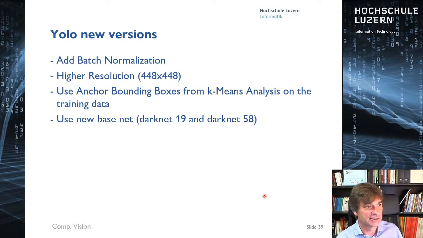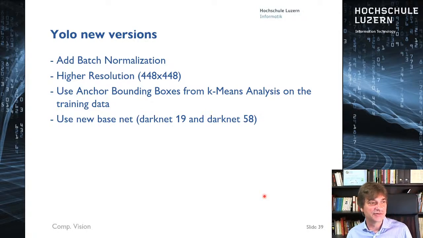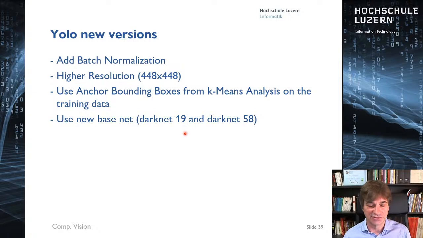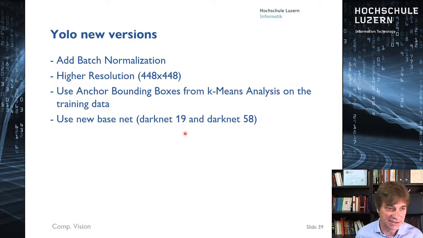YOLO then came up with a newer version that uses a higher resolution. It also incorporates batch normalization. I think we looked at that last time, which generally helps to train the networks, and it has a new base network, so-called Darknet, so they train them themselves and do not use one of the VGG or the ResNet models.